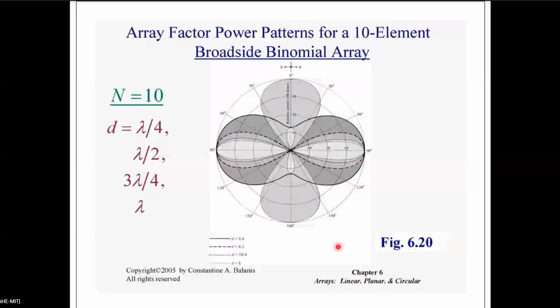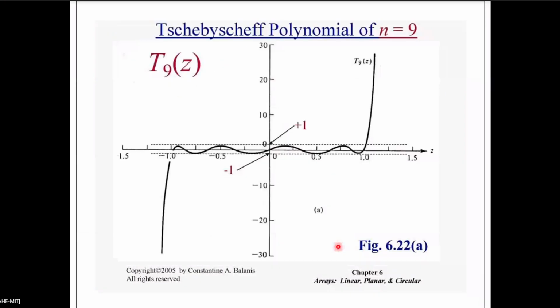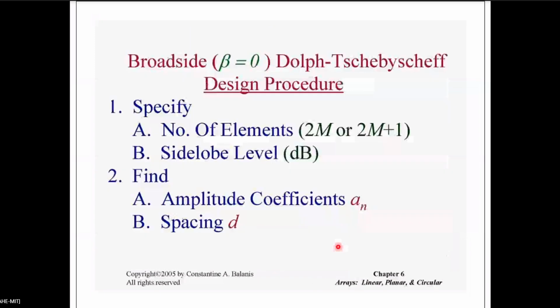Okay, next we'll come to the Chebyshev array. I didn't find it very convenient to teach from this slide, so I will give a set of rules. For a broadside array, beta is equal to 0. Chebyshev array design procedure: the number of elements you decide, 2m or 2m plus 1, and the side lobe level, he will give you, as a number or as a dB.